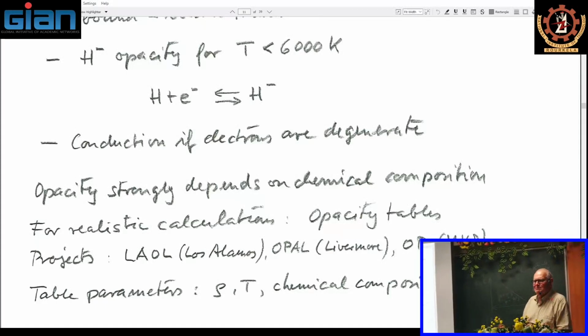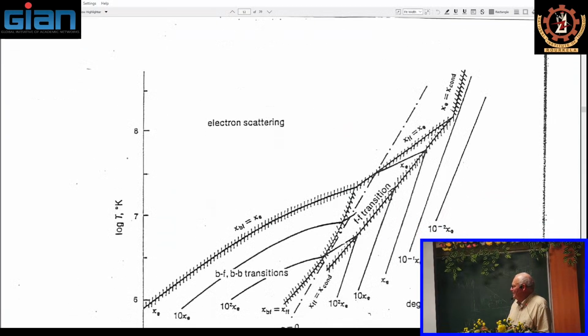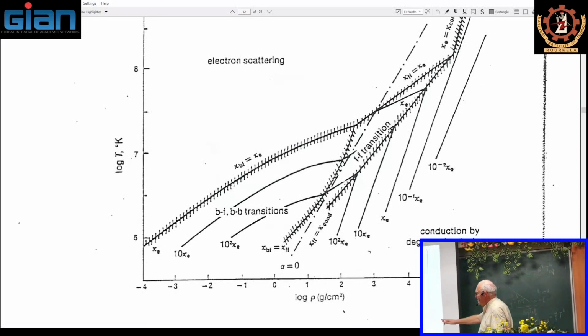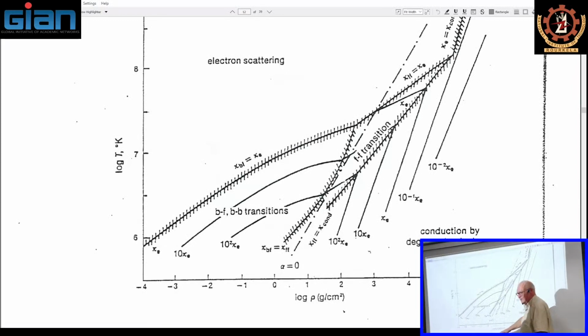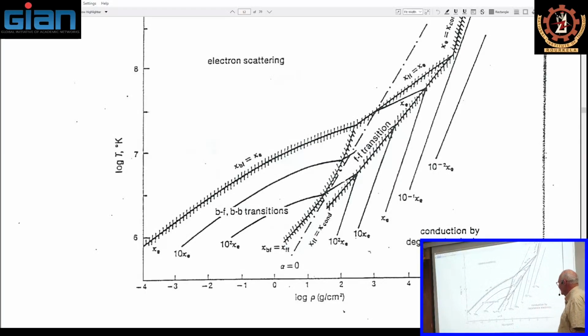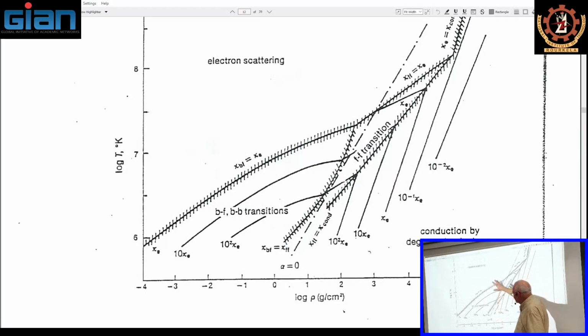Okay, just one result. What one gets here is again the range, again a log rho, log T diagram, now with different values of densities and temperatures as compared to the equation of state. Here you see that for high temperatures and low density, the dominant source of opacity is electron scattering.